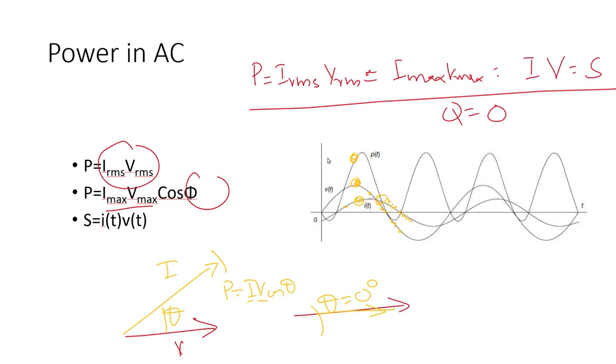So instantaneous power is always different, and this power is denoted by PT, the total power of the circuit. This is not resistive power; it is the combined power of both reactive and resistive components. So this is the story of power in AC.